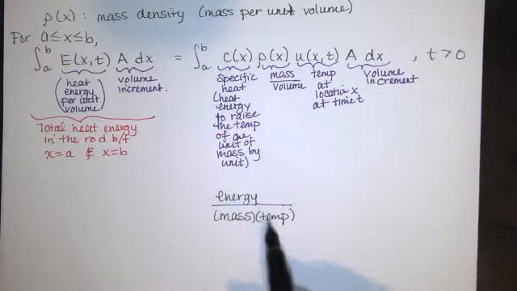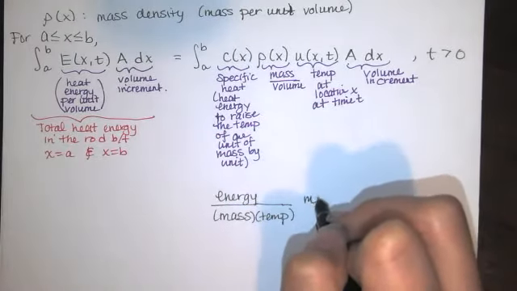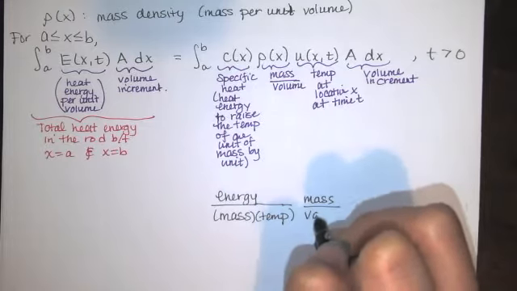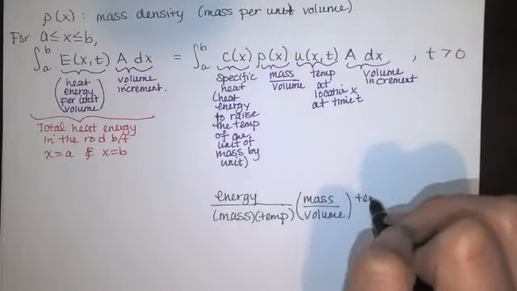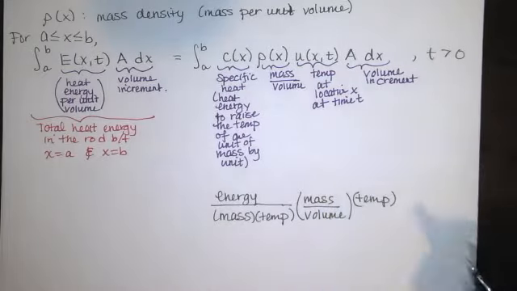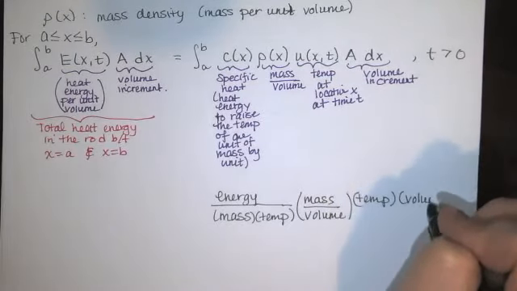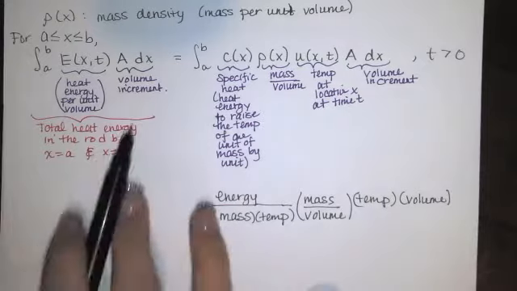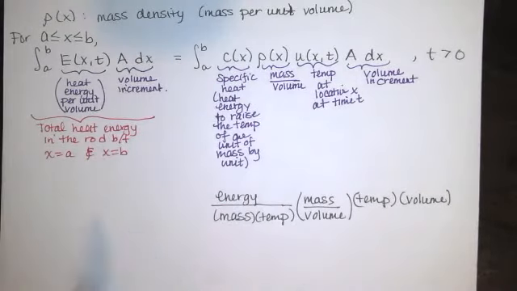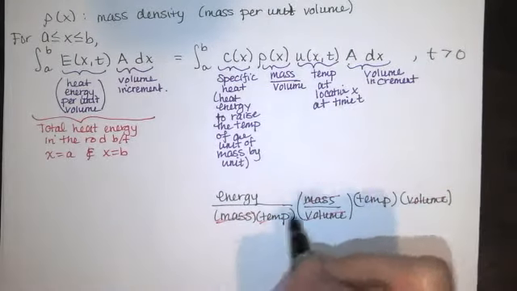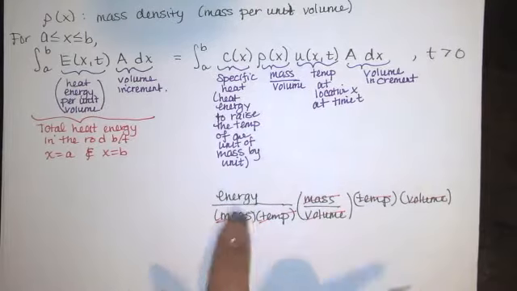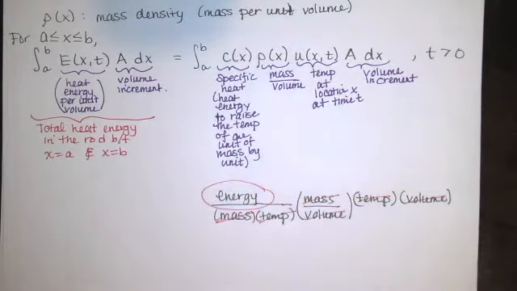Okay, and then we're going to take that and multiply by our traditional density, which is mass per unit volume. And then we're going to multiply by temperature. And then we're going to multiply by volume. Hopefully when we're done, we actually get what we have over here. And I think we do. The mass reduces, the volume reduces, the temperature reduces, and what we're left with is energy. And that's exactly what we were expecting to get.